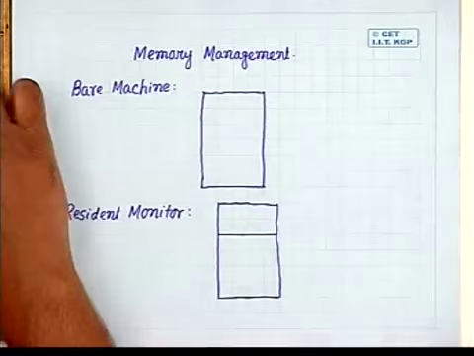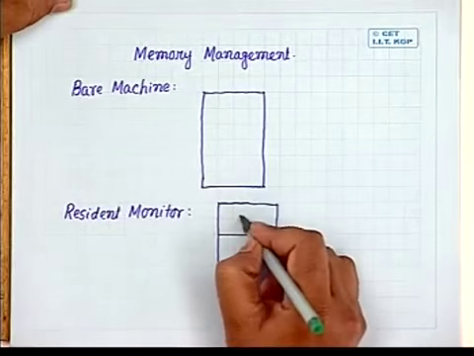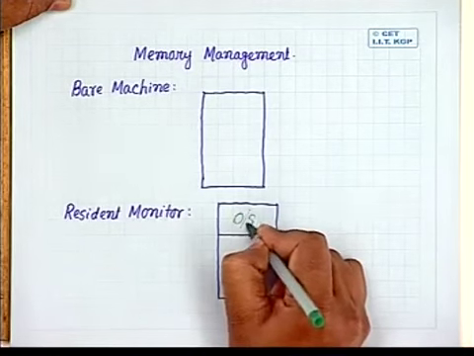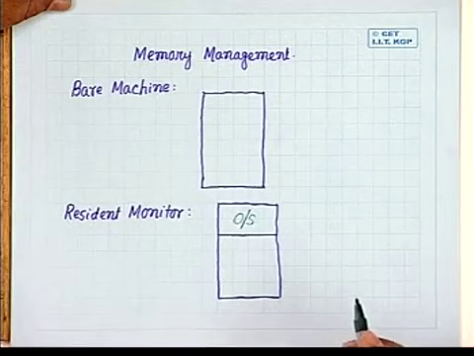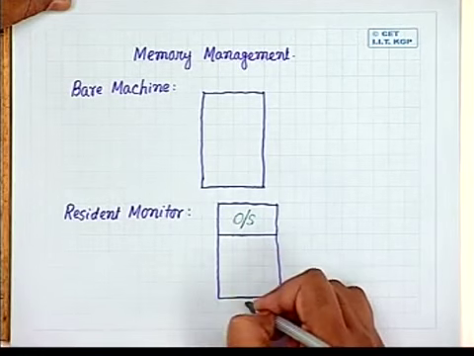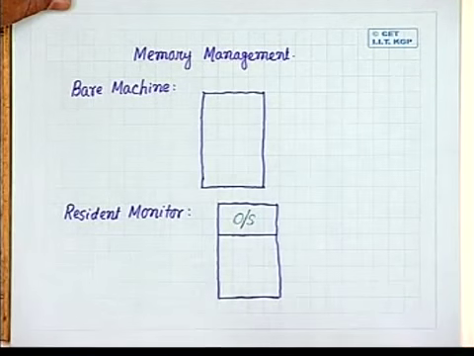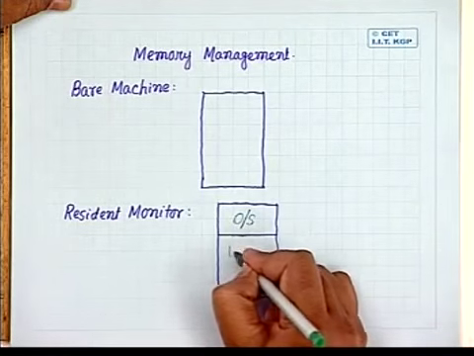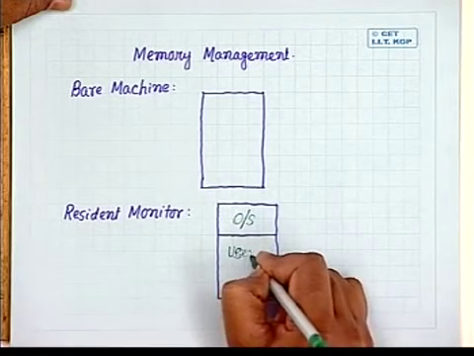One part is always used by the operating system, or the monitor part, and this portion is never available to the user program. The remaining part is given to the user for loading the user's program as well as the user's data. This part we can call the user area.